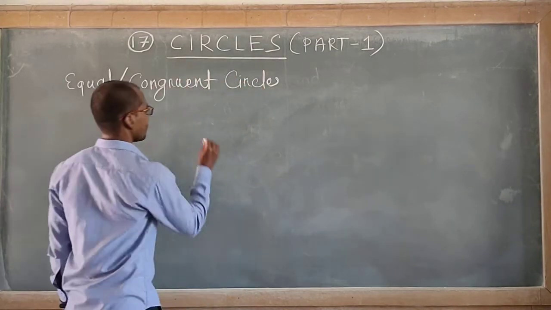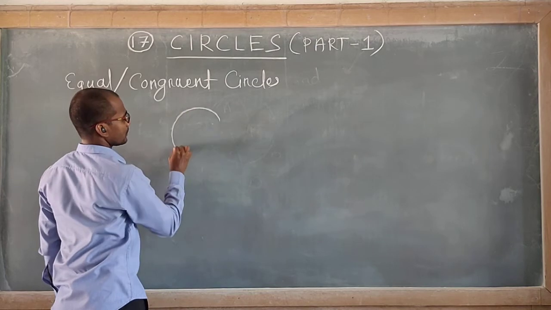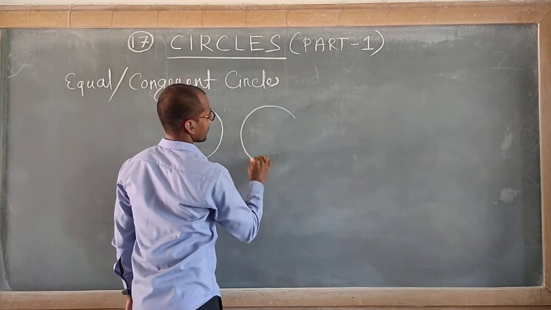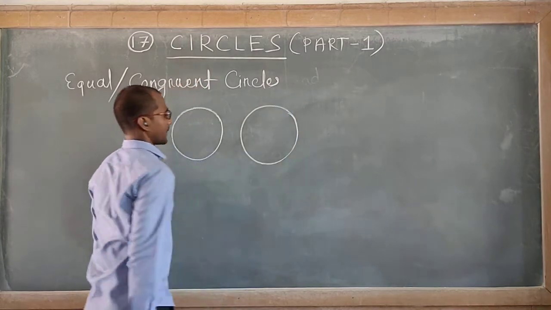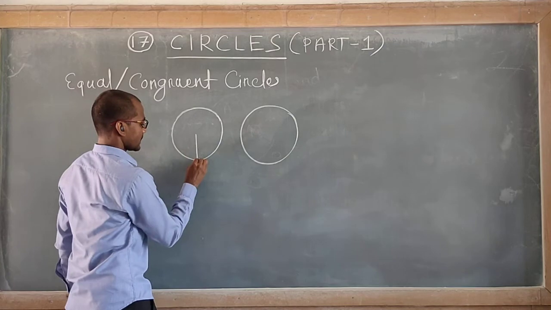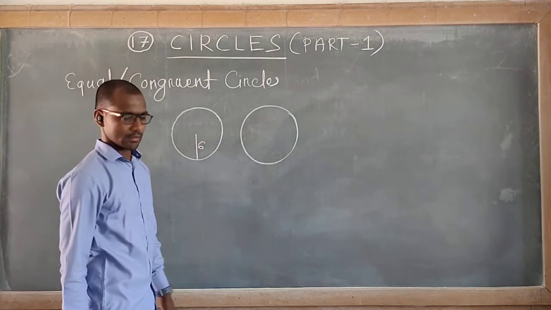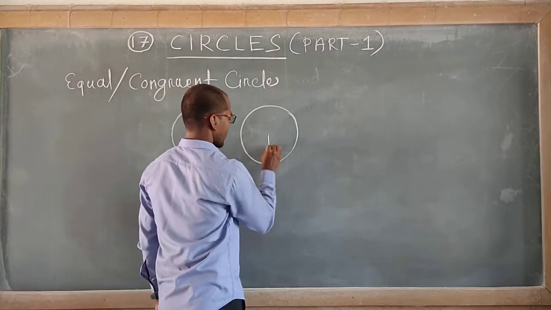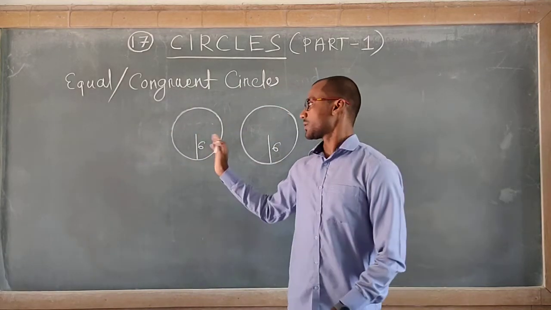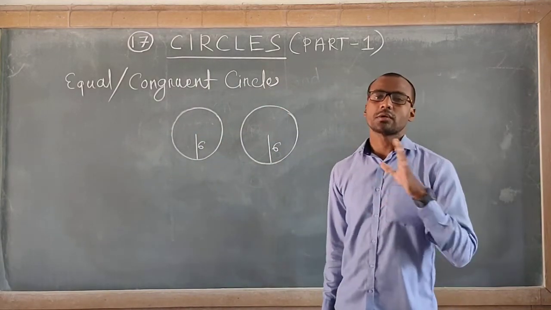For example, this is a circle, this is another circle. My diagram may not be accurate. Suppose its radius is 6 units and its radius is also 6 units. Then we can say that these two circles are equal or congruent.